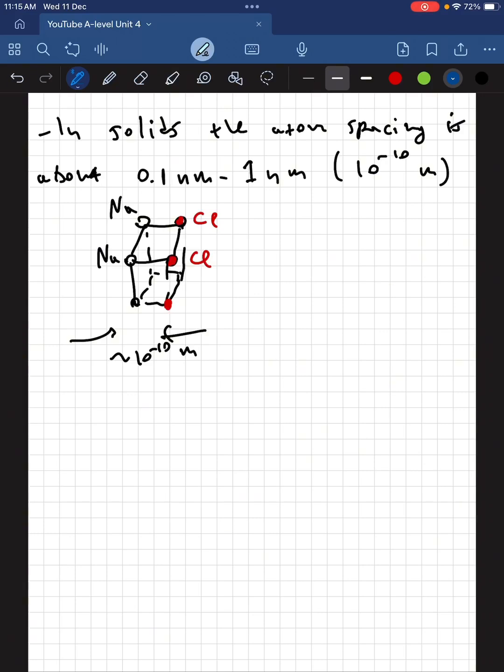And this is what Davisson and Germer proved in 1927. So they did an experiment to prove exactly that using electron guns, actually, okay? So I'm gonna write this down.